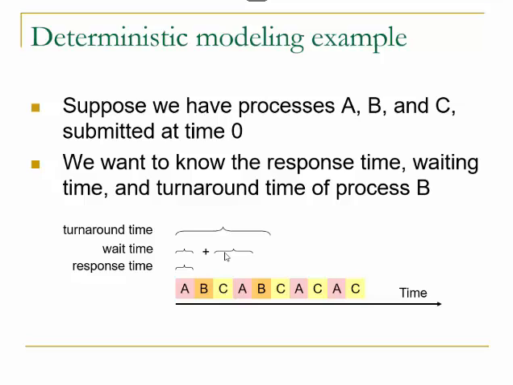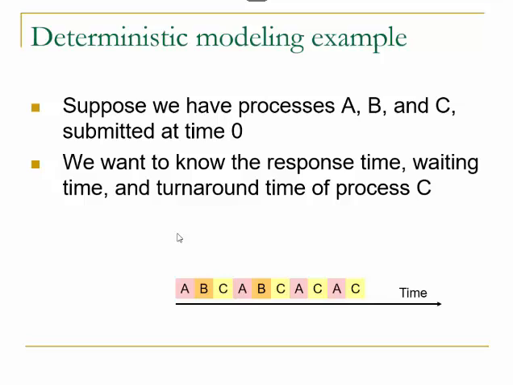Turnaround time, the time it takes to execute process B fully, is 3 plus 2, 5 units of time. You can see 1, 2, 3, 4 and 5. So the turnaround time for process B is 5.